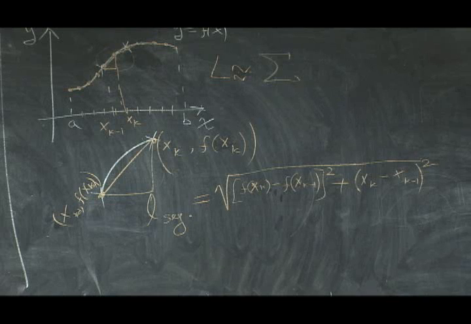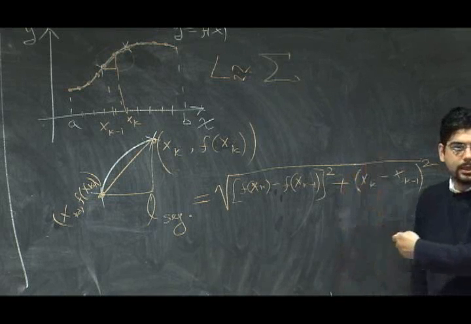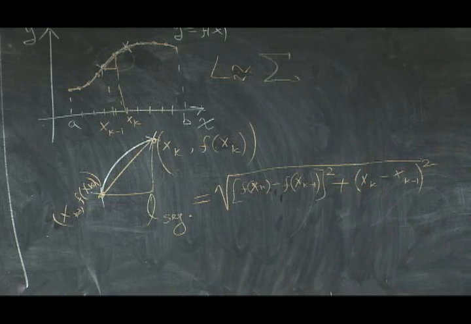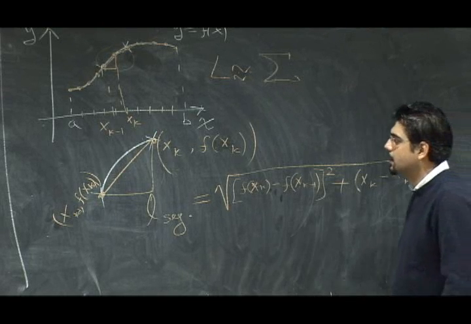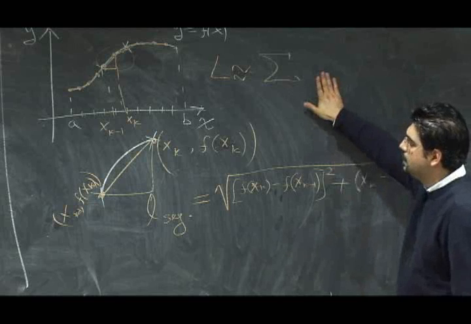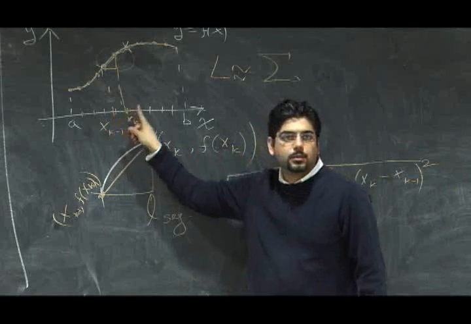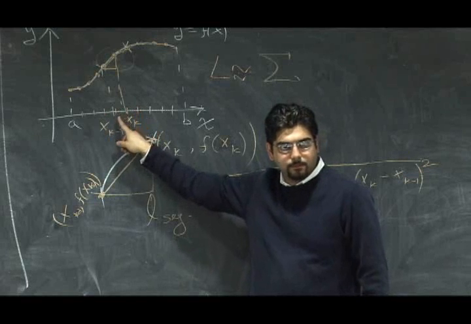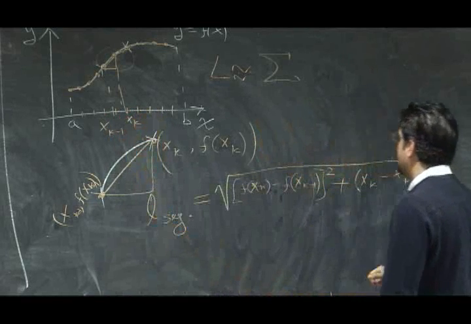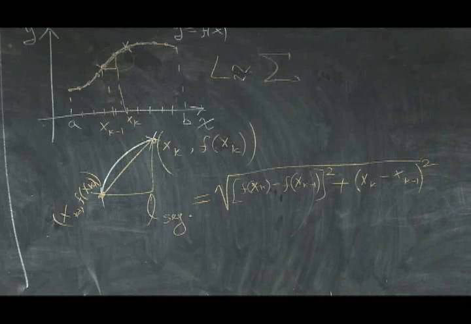But my goal is to get a Riemann sum and get an integral. In order to do that, I would have to make my integrand depend on some point that's between x sub k minus 1 and x sub k. That's not very difficult to do.